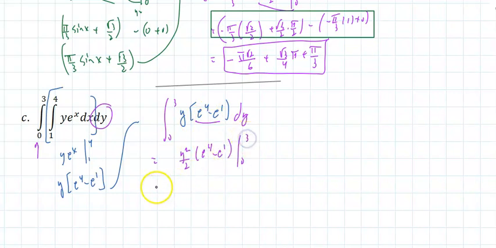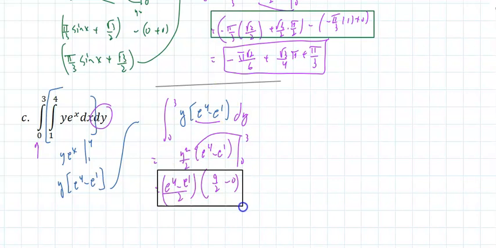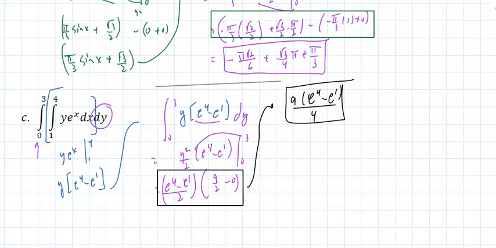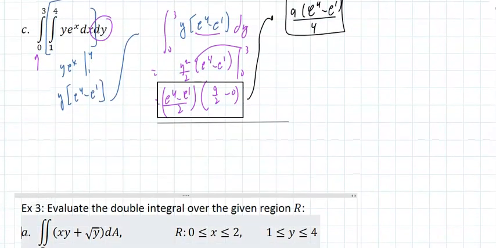Remember, this is y equals, so this is e to the 4 minus e to the 1 over 2 times, throw the 3 in, 9/2 minus 0. Again, on a test, this is all I want. That's really 9 into e to the 4th minus e to the 1 all over 4. There it is. It only requires techniques of integration.